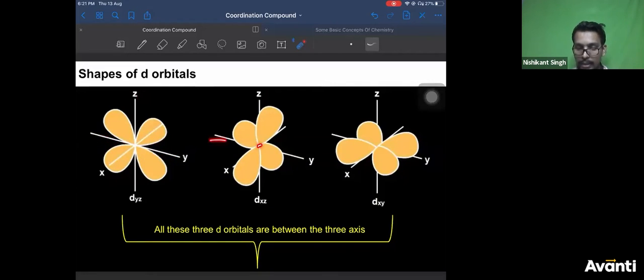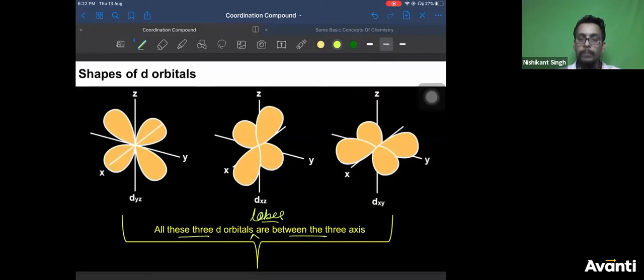This is your y-axis, this is your z-axis. The lobes are lying in between the axes. Same thing here. Lobes are lying between the y and z-axis. Correct? So I can write for all these 3 orbitals, lobes are between the axes. That means all the electron density is between the axes. Right? Please take a screenshot.